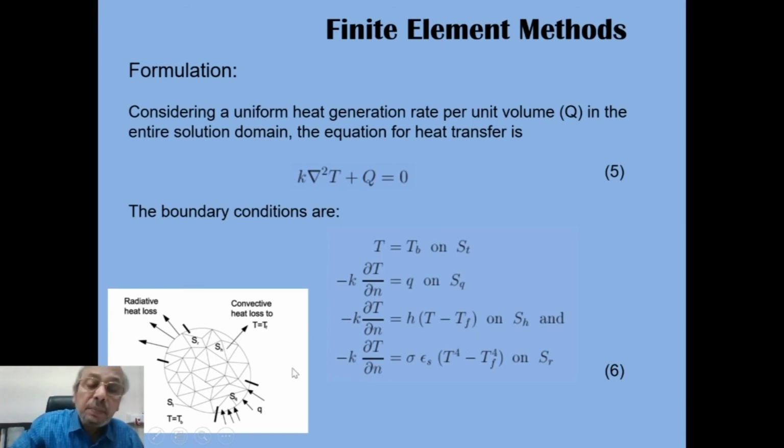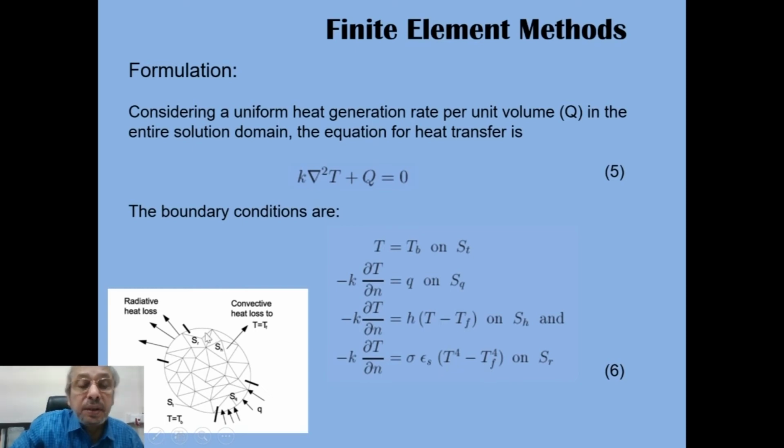And in another part, basically radiative condition. So this is sigma, the Stefan-Boltzmann constant, this is emissivity epsilon, s, T to the power 4 minus Tf to the power 4.